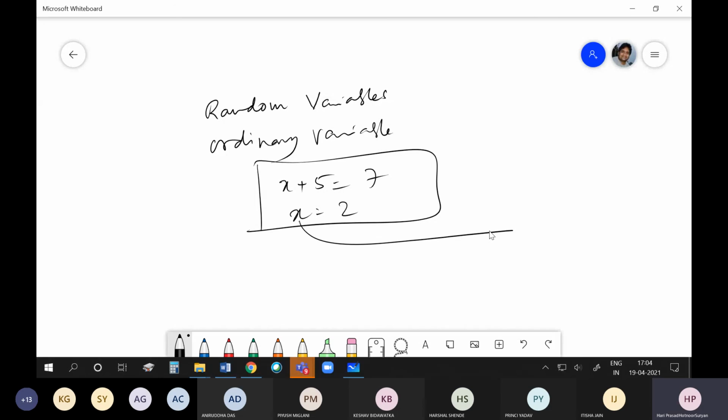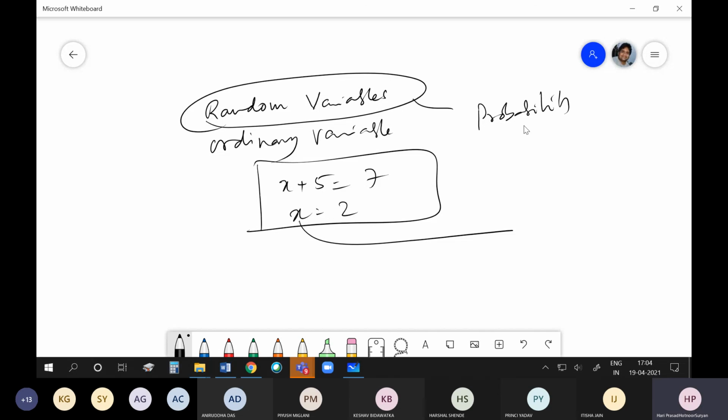Basically, an ordinary variable is one where the probability of having that value is 100%. Whereas a random variable is always associated with a probability. That means I cannot be 100% sure that it will take this value. I cannot say that I am 90% sure I will get this value, nor 100%.